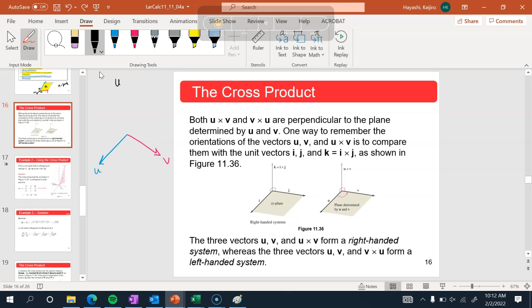in that if you have u cross v, it's going to follow this order: u, v, u cross v. You take your right hand and the direction of it is, you start at u, then it's going to hit v, then it's going to hit u cross v.